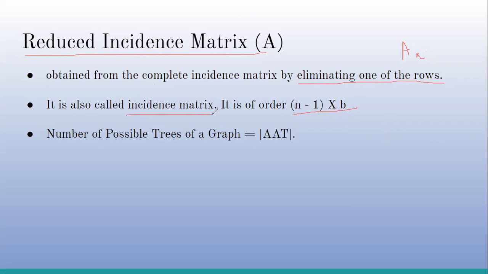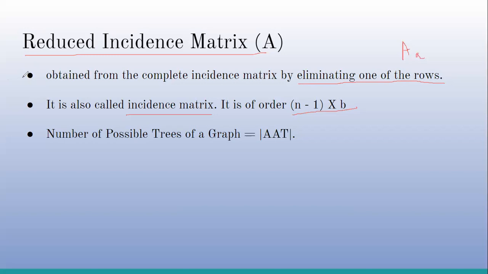Now, as we have seen the definition of trees in the previous lecture, trees are subgraphs which consist of all the nodes, and contain only those branches which will not form a loop within that subgraph. Such a subgraph is called a tree.